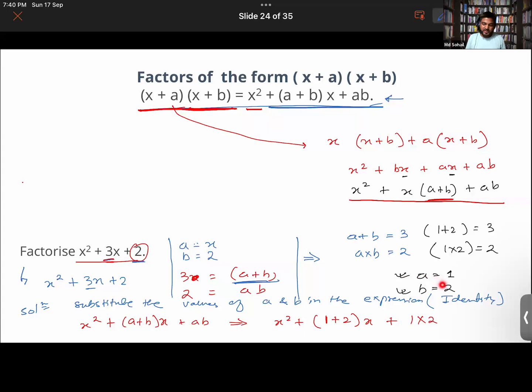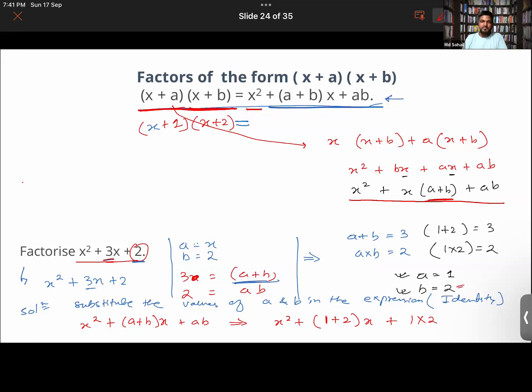Now let's put these values 1 and 2 in the identity. The identity is simply x square plus (a plus b) into x plus ab. It can be written in the reverse way also. x will be x simply, and you just need to put the values of a and b. So x plus 1 into x plus 2, because b we have got as 2, right?